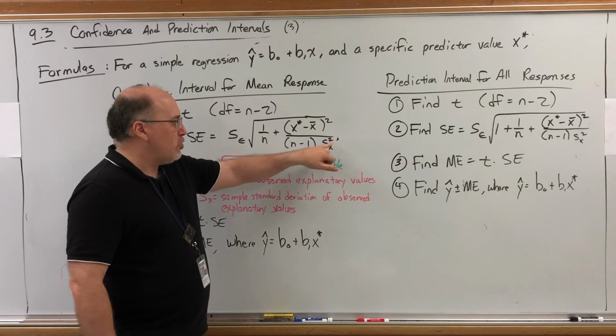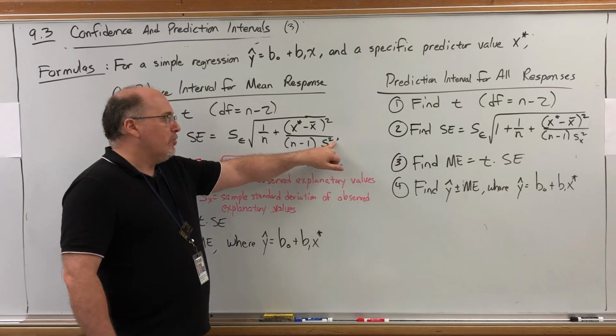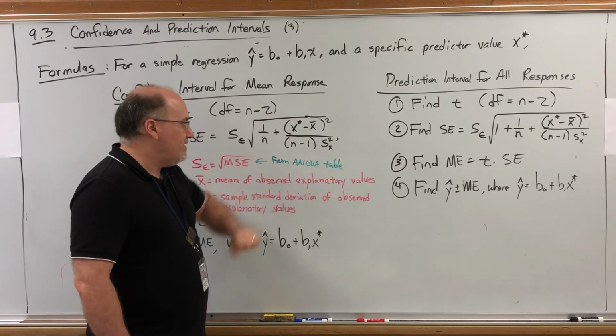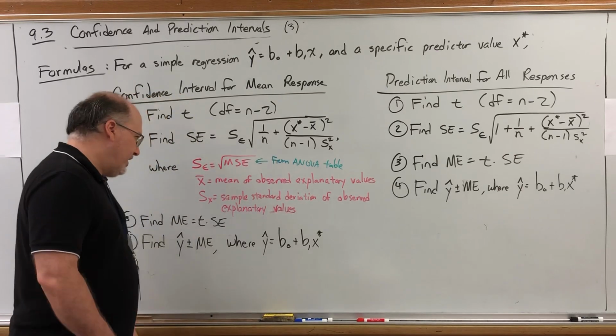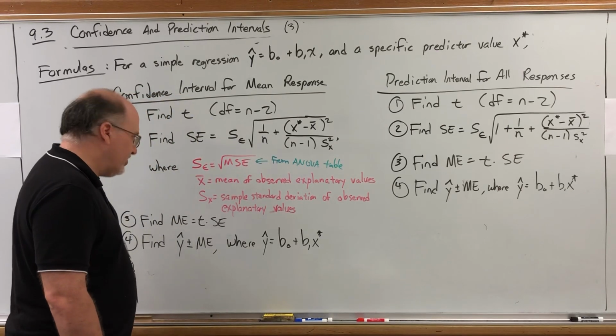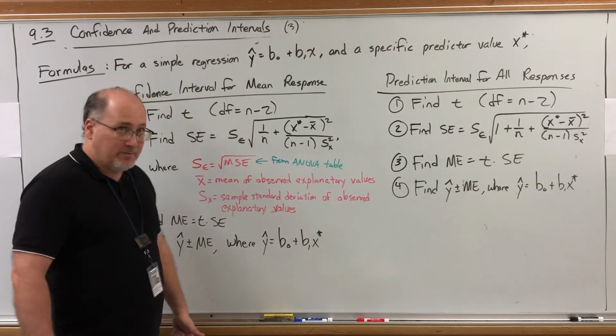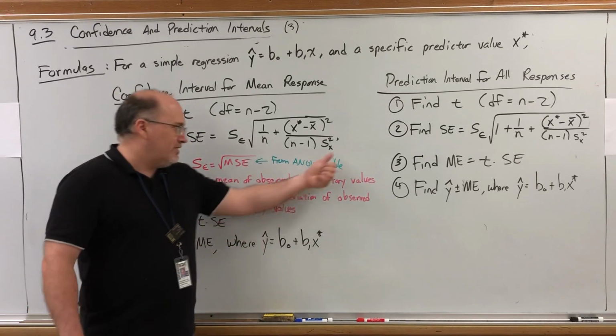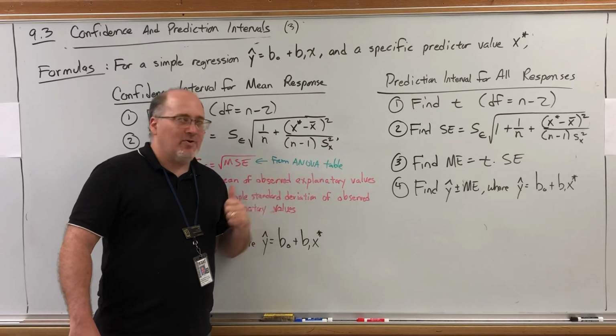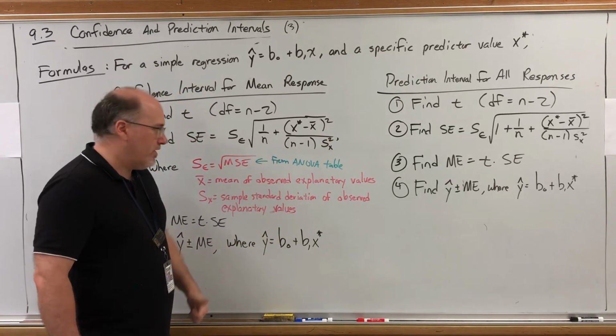But we also have the square of s sub x. In other words, the square of the sample standard deviation of the observed explanatory values. This is also the variance, but let's just call it standard deviation squared.